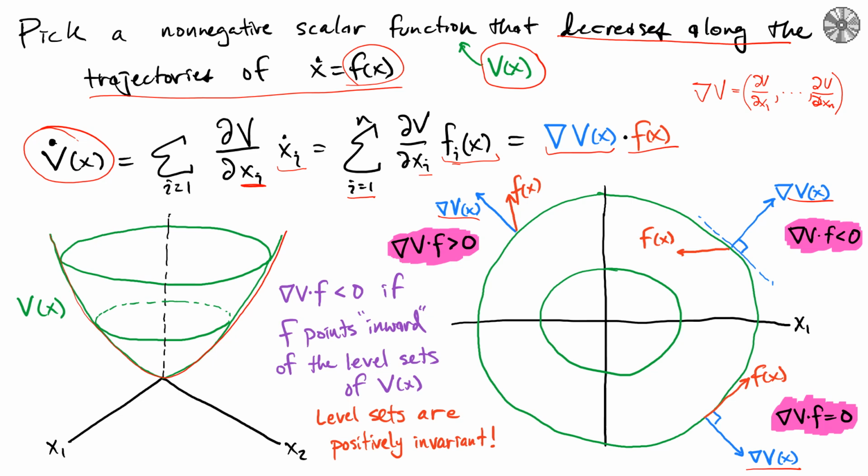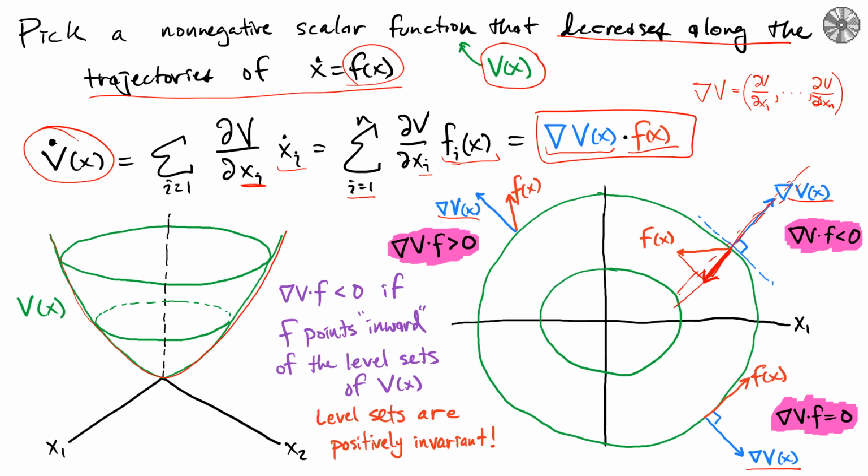And now the question is, if this quantity, v dot, is going to be negative, that means that f is going to have to be pointing kind of in the opposite direction. And so it doesn't have to point exactly in this opposite direction, but it needs to make sure that when you take the projection of this vector f onto the line through the gradient of v here, this projection points in the opposite direction.